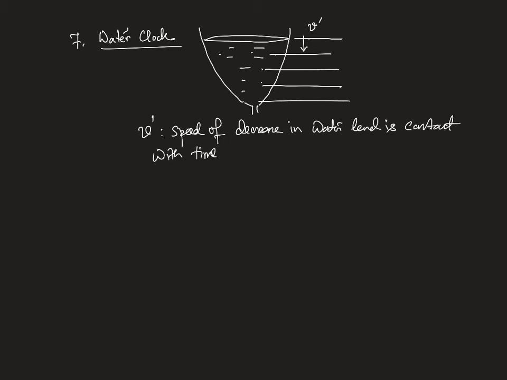So if the speed is constant with time, then if you make graduations on the clock, it will be uniformly covered, these graduations, with time, right?